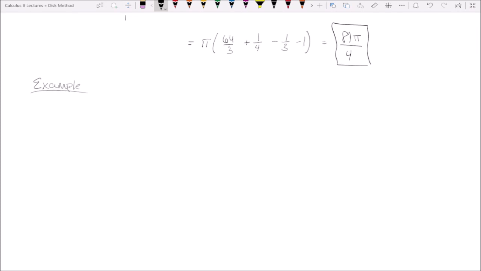So far, we've only been considering cases where the axis of revolution was the x-axis. Well, now let's consider an axis of revolution other than the x-axis.